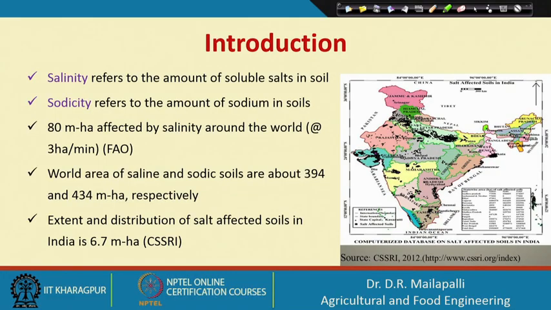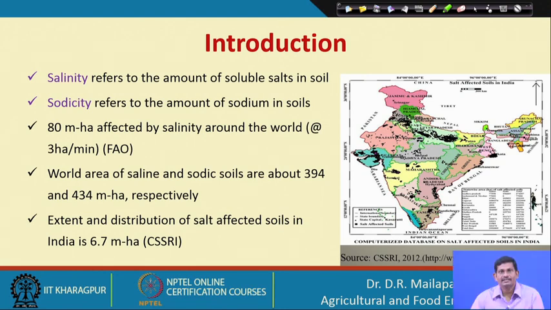In the next lecture, we are going to see some examples of these, and then the sodic soils and other things. So, if you see these salt affected soils around the world, what is salinity? Salinity refers to the amount of soluble salts present in the soil.